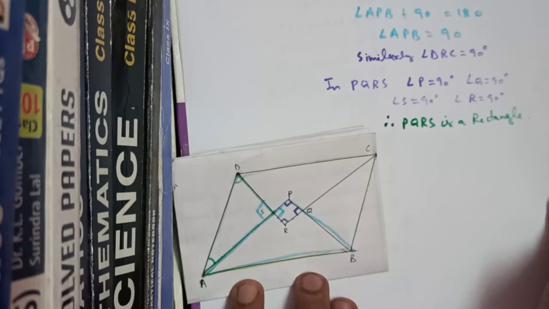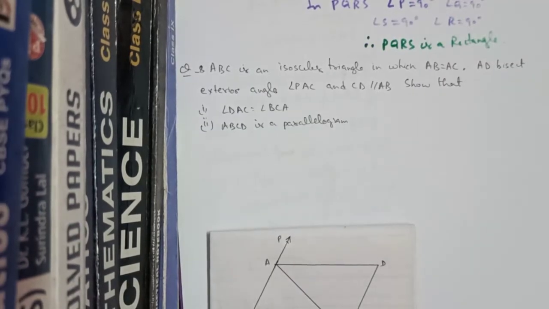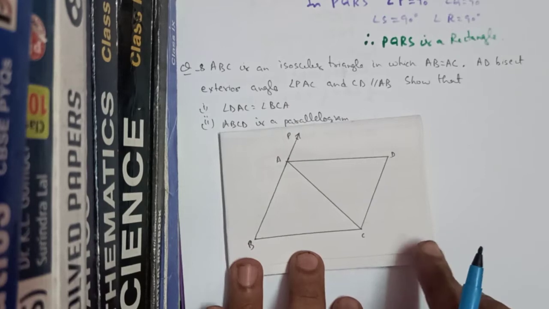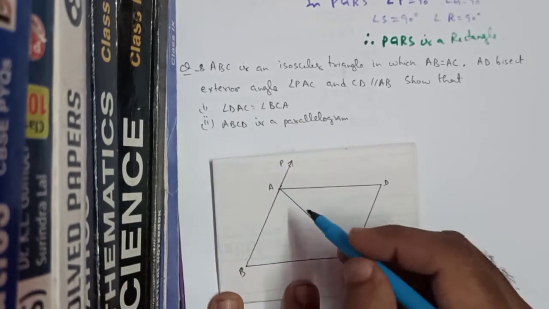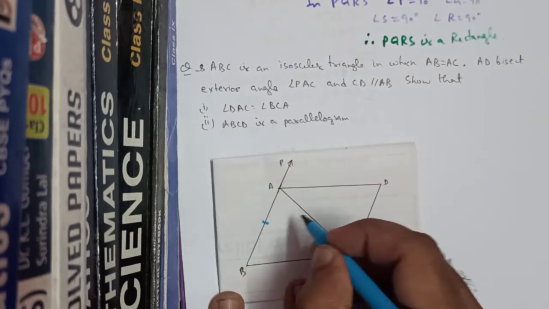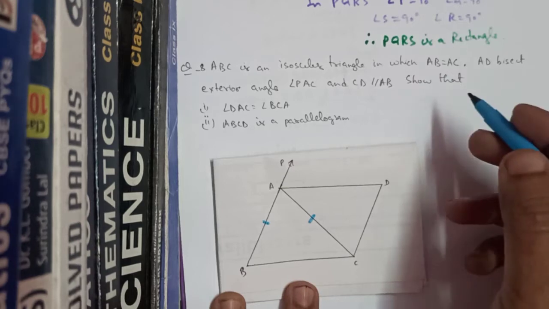Okay, so we will move to the next question now. Next question, question number 8. Triangle ABC is an isosceles triangle. I have drawn the figure. That means AB and AC are equal, in which AB is equal to AC.